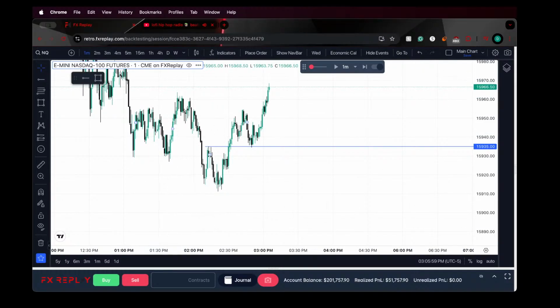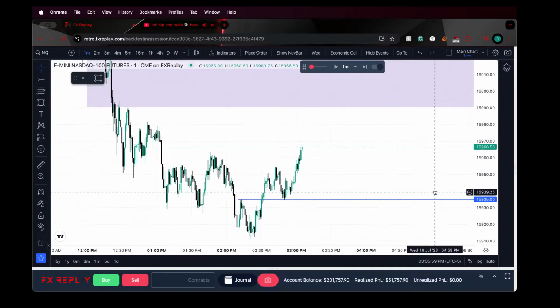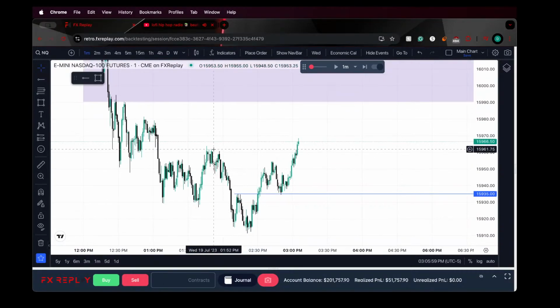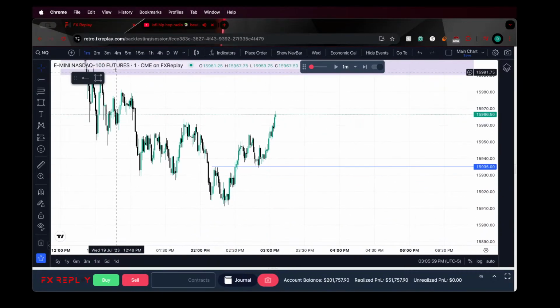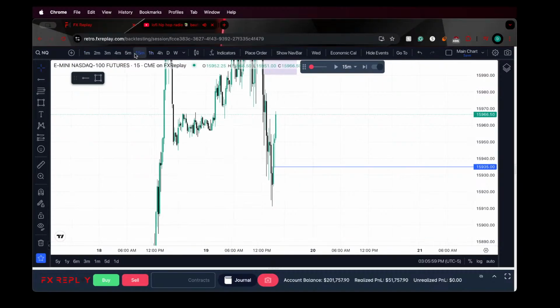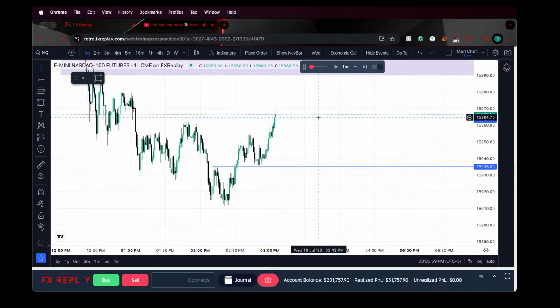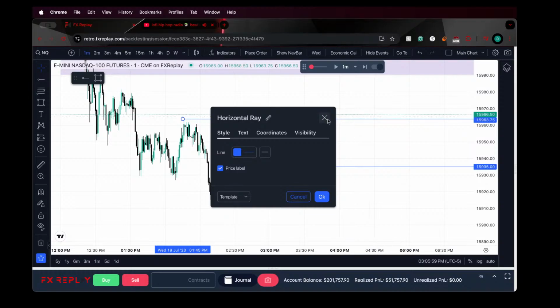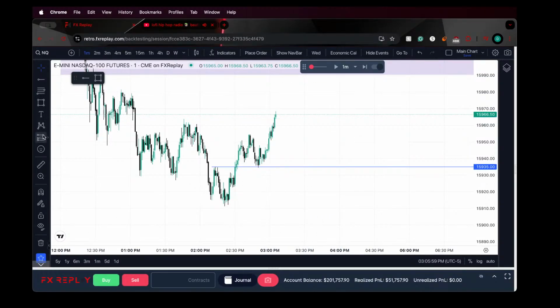We got 1.63, so we did 1% off that. That equal high is so good. It also aligns with the 15-minute swing high. Technically, yes, I could go back and take it, but I'm not going to.